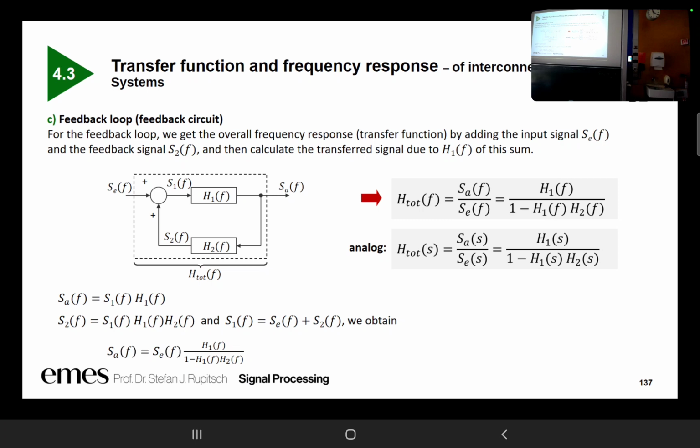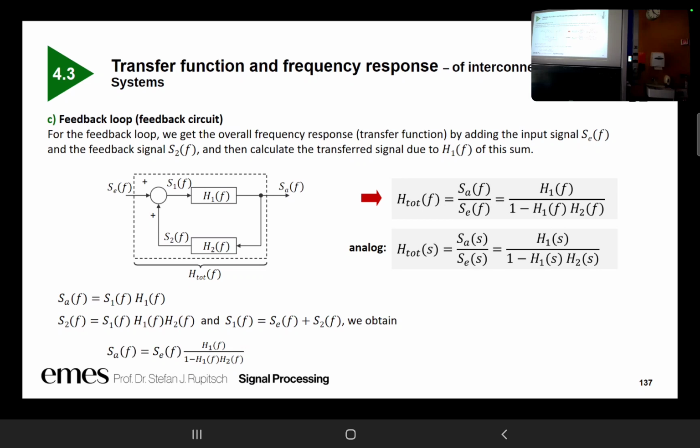But in this case, if this denominator tends to 0, then we have instability. So frequency dependent instability. And if it is not scaled, if we have 2, 4, 3, 4, it doesn't matter.